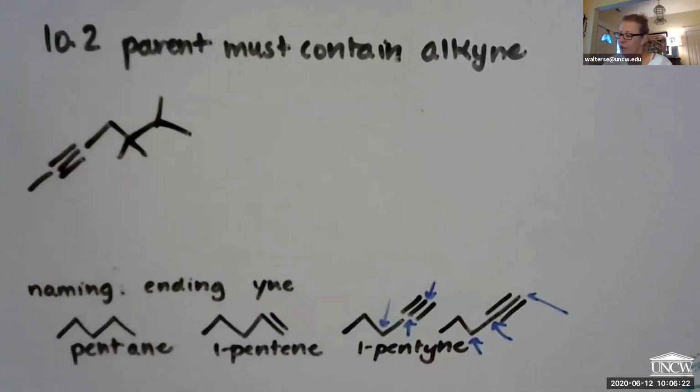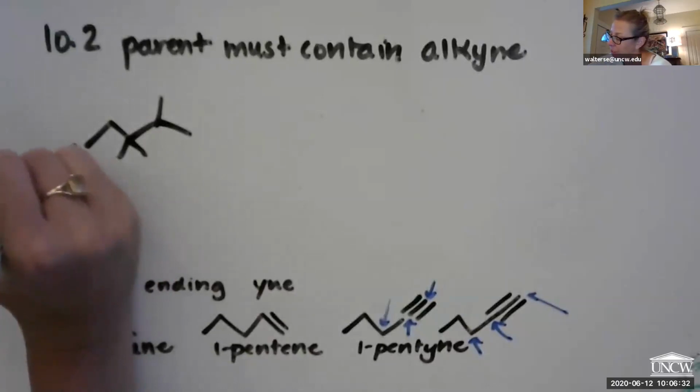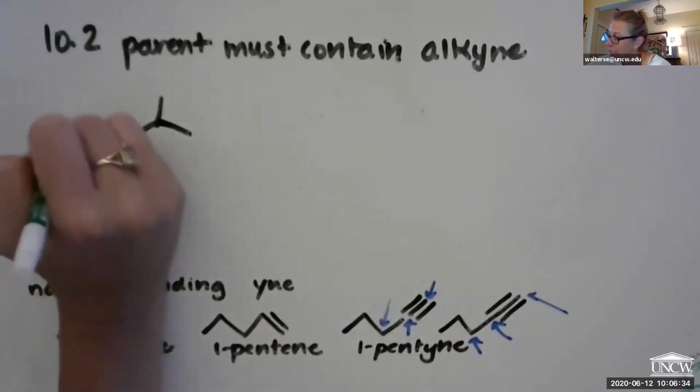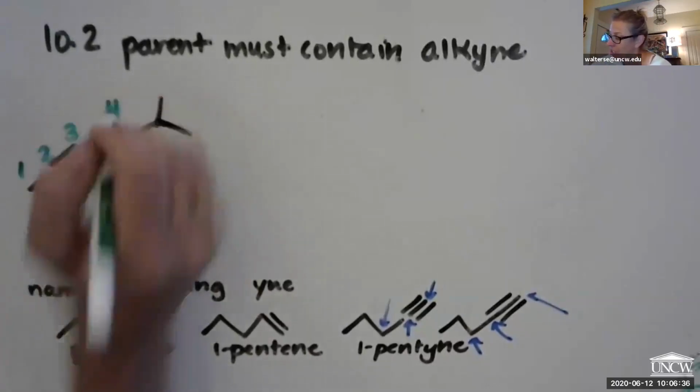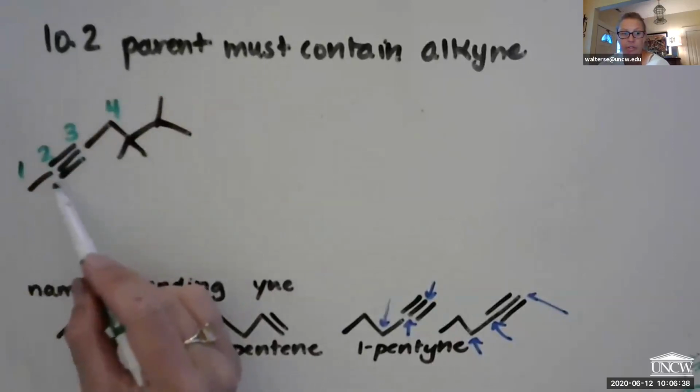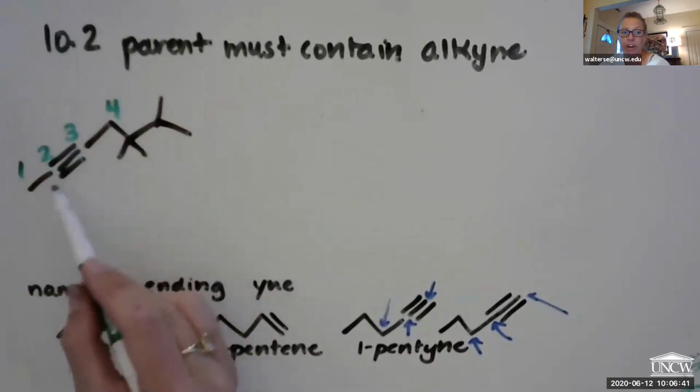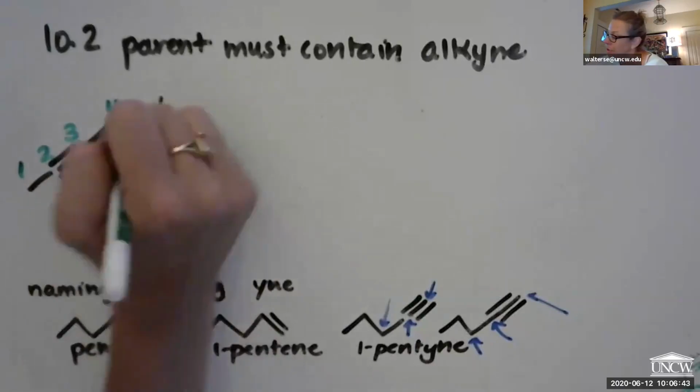In spite of the alkyl and halogen substituents, you want your triple bond to have the lowest number possible. And again, you would give it a locant as a position of origination. So this triple bond would start on carbon 2.